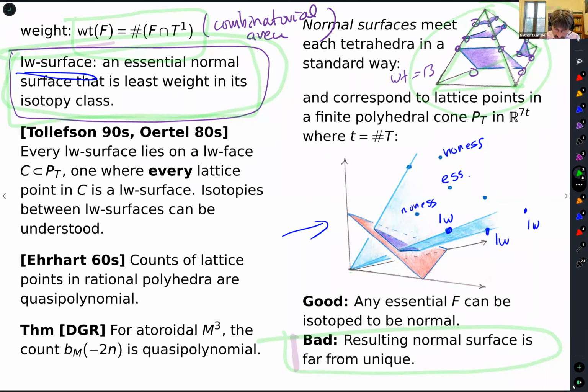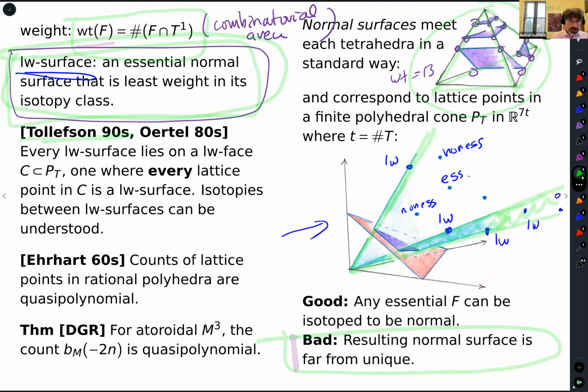In the situation I drew, if we look at this polyhedral cone P, this green face, every lattice point in this face would actually have to be a least weight surface. And maybe this is a least weight surface here too, so everything on this face, well, it's just a ray, would also be a least weight surface.